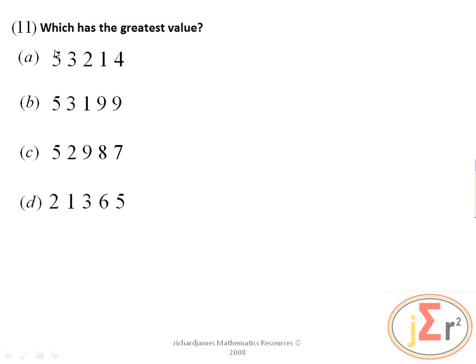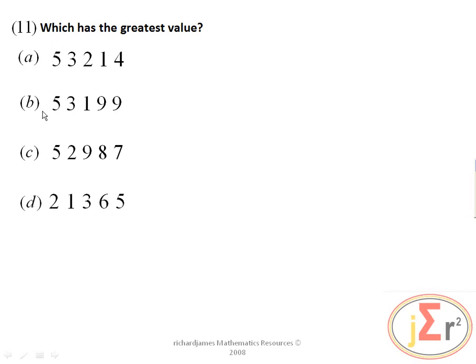So, this is the largest place value column. Which number has the largest digit in that column, Jerry? 2. Look at this. Which one has the largest digit in this column? 5. Right, 5.